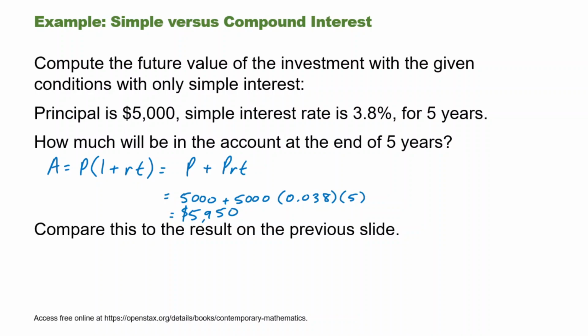The point is compound interest gains interest on your interest as well as interest on your principal. Therefore, compound interest is the better choice if you are trying to save, but simple interest is better if you are borrowing money. You want the interest to be low when you're borrowing money, but you want it to be high when you are earning money.